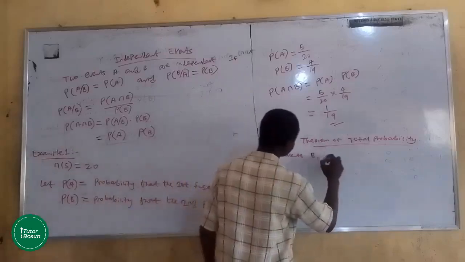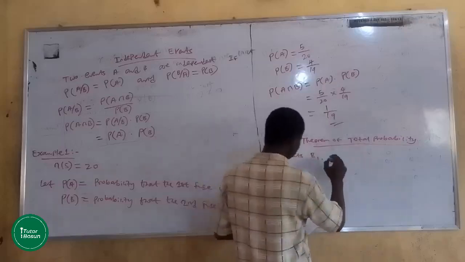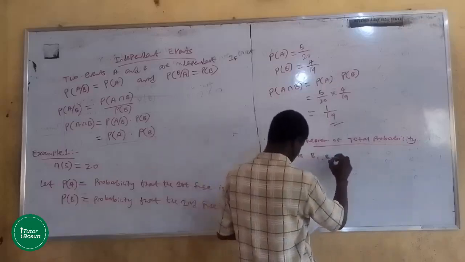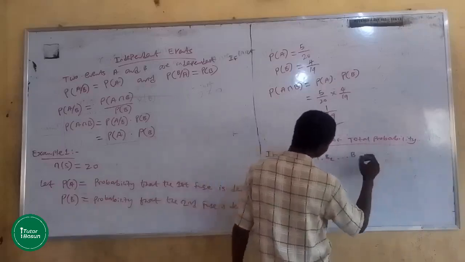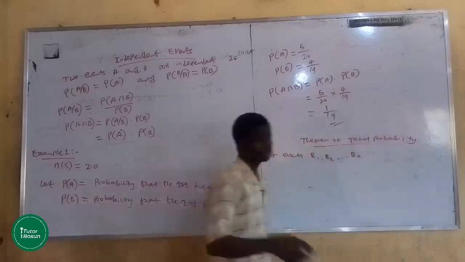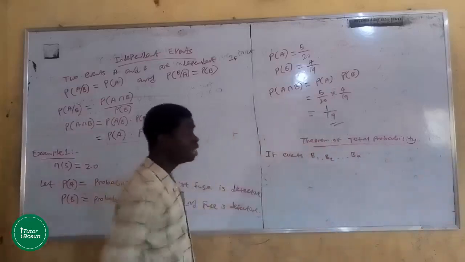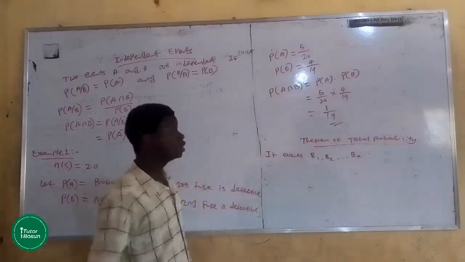B1, B2, up to Bk, where k can be 1, 2, 3, up to any point as the case may be.